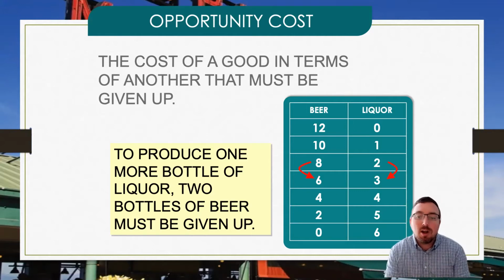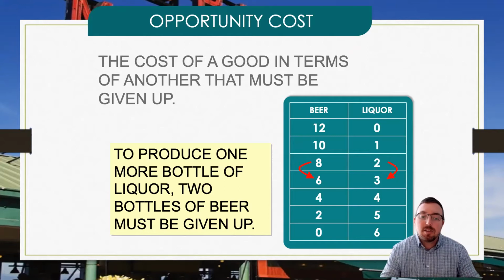For example, to produce 1 more bottle of liquor, excuse me, not 2, 1 more bottle of liquor. As you see here in this table, as we go from 2 bottles to 3 bottles, we're gaining liquor, but we have to move resources from beer production to liquor production. So we have to give up bottles of beer.